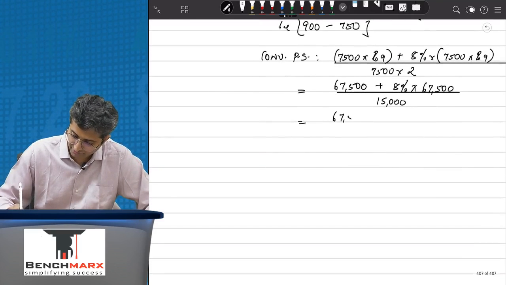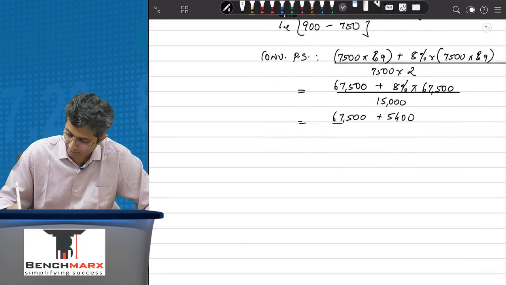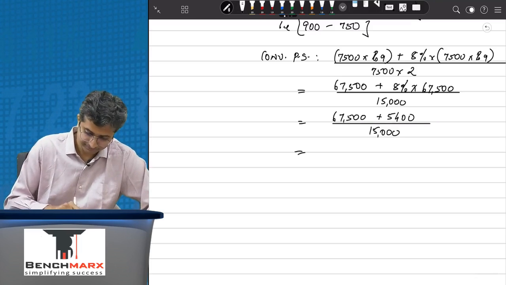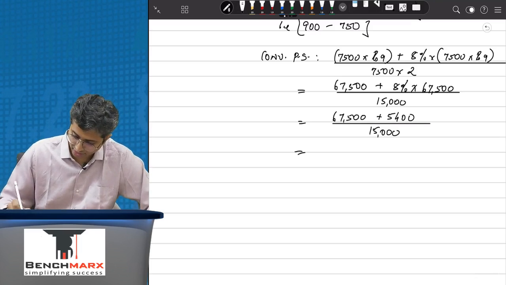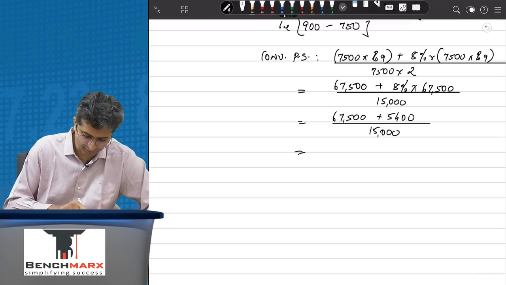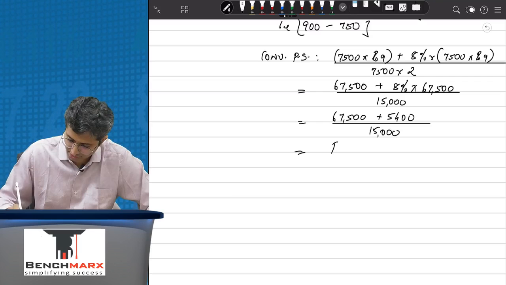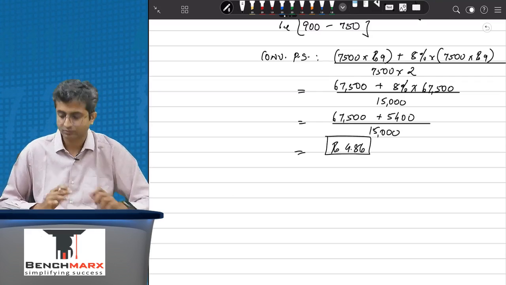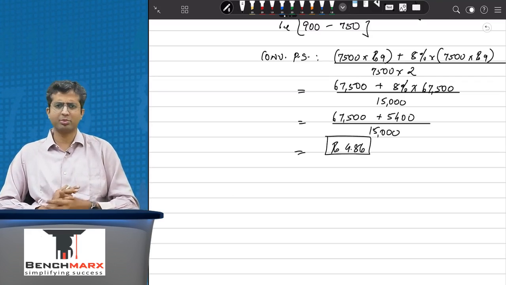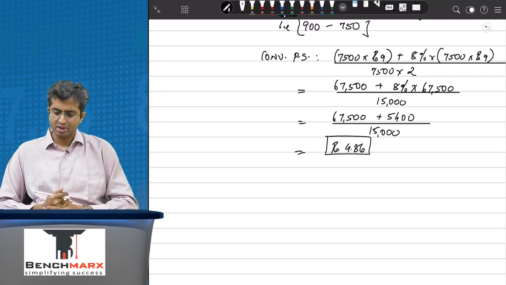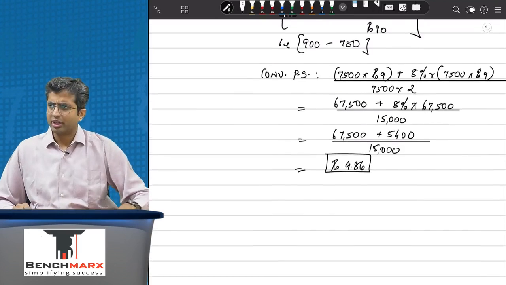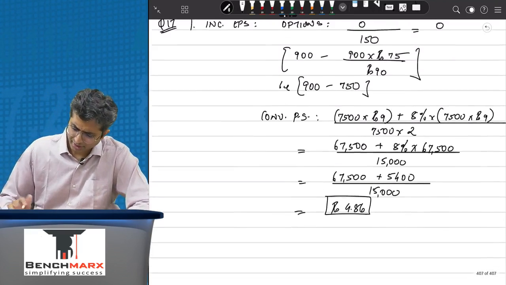So this is 67,500 plus 5,400 divided by 15,000. So this will be 72,900 divided by 15,000, which will be rupees 4.86. Okay, so this is your incremental EPS.